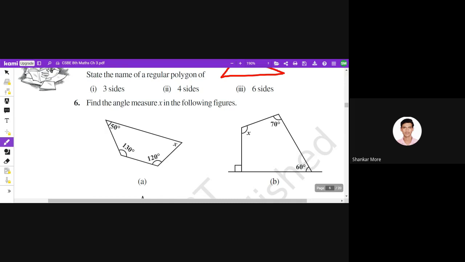Okay, 90 plus 70 plus 60 plus x is equal to 360, or 360 minus 70 plus 60 plus 90 is equal to x. Okay, so you have written the formula, but it will be correct if you add a bracket for 70 plus 60 plus 90, because otherwise you're just subtracting 70 from 360 and adding 60 and 90, which is not correct.